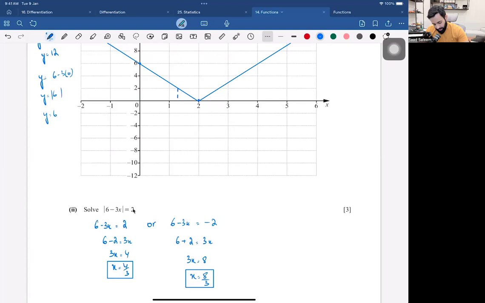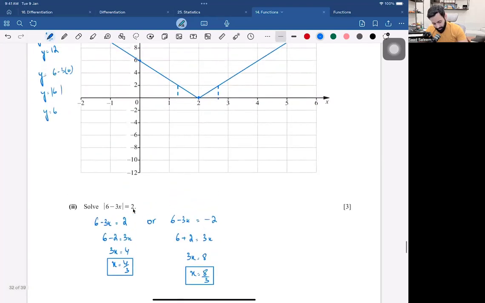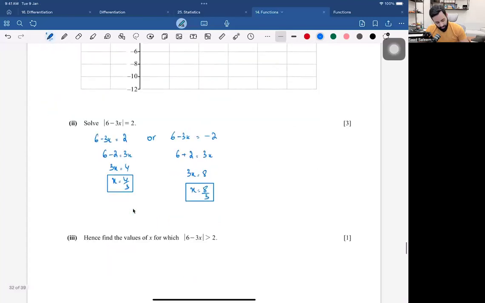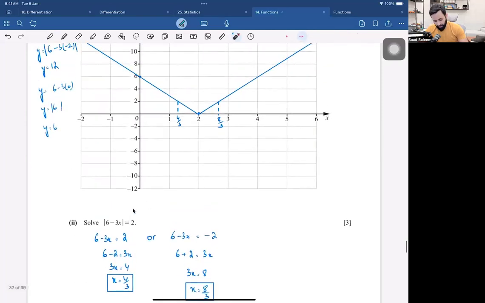And now we have an interesting question, which is: hence, find the values of x for which 6 minus 3x is greater than 2. Okay, so this is 4 upon 3, and this is 8 upon 3. So we want to find the values of x for which 6 minus 3x inside the modulus is greater than 2. Now, let's imagine the line y equals 2.